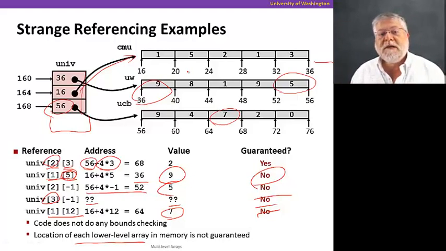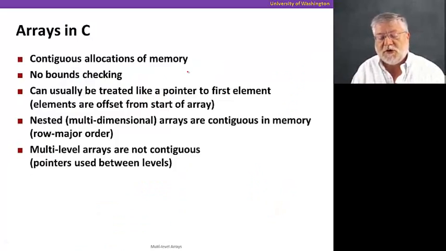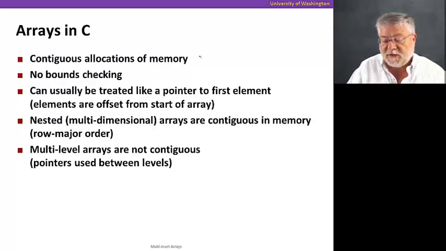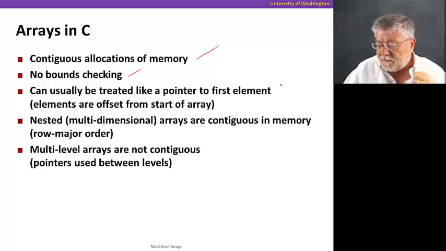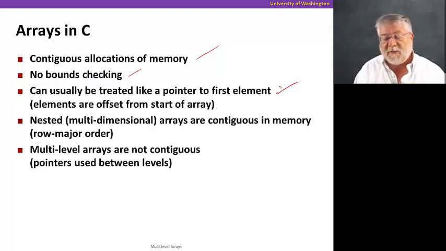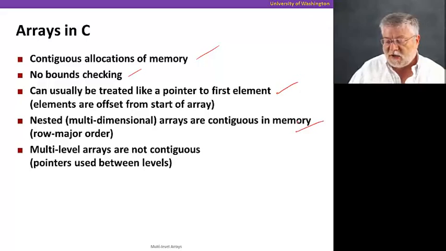All right. To do a little bit of a summarization of arrays in C then, arrays themselves are a contiguous allocation in memory. There is no bounds checking. We can usually treat the array name like a pointer to the first element, and then elements are offset from that start of the array.